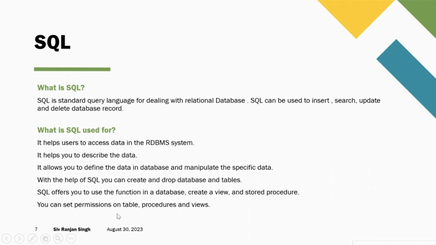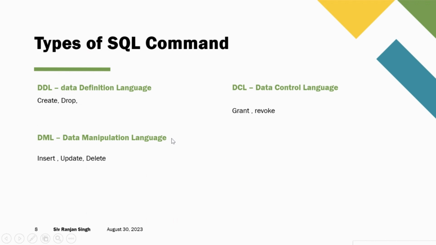You can set permissions on tables, procedures and views. So with the help of SQL, we can do this many things. Now, types of SQL commands. SQL commands are also divided into different subcategories.